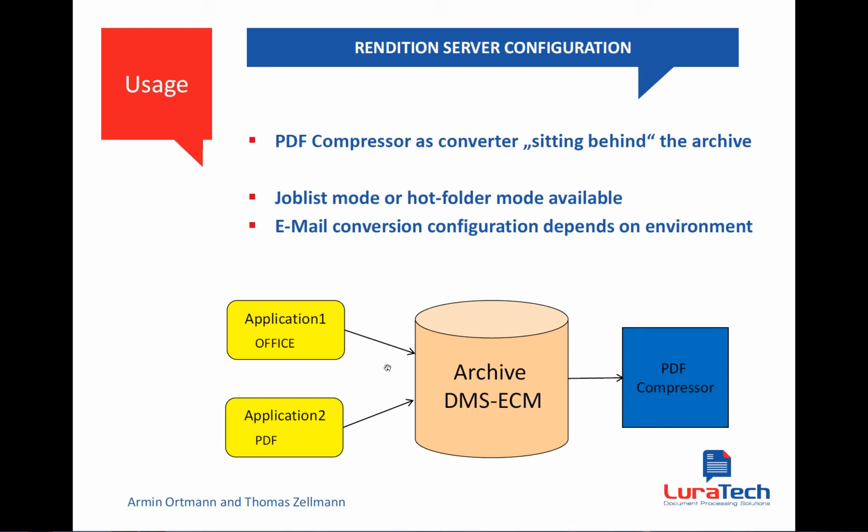It's always individual, depending on the applications and the whole workflow, but as a general idea, you have an application which creates Office documents, and applications which create PDF, and then maybe they go first into the archive. Then, depending on whether the worker decides when to convert or whether you do this centrally and automatically, you call PDF Compressor more like a rendition server doing the conversion work in the background.